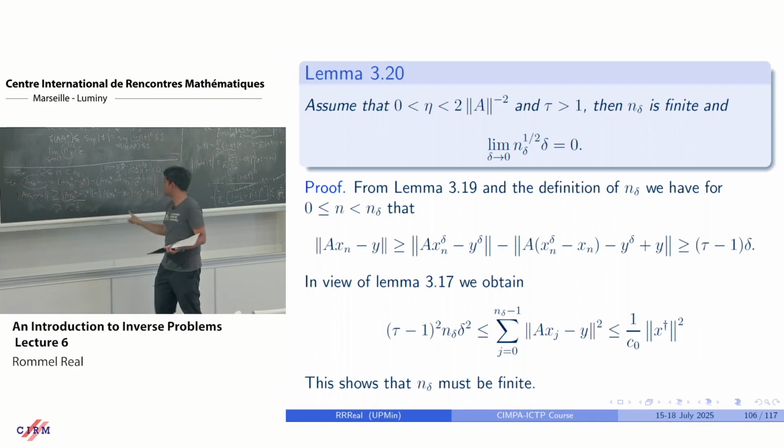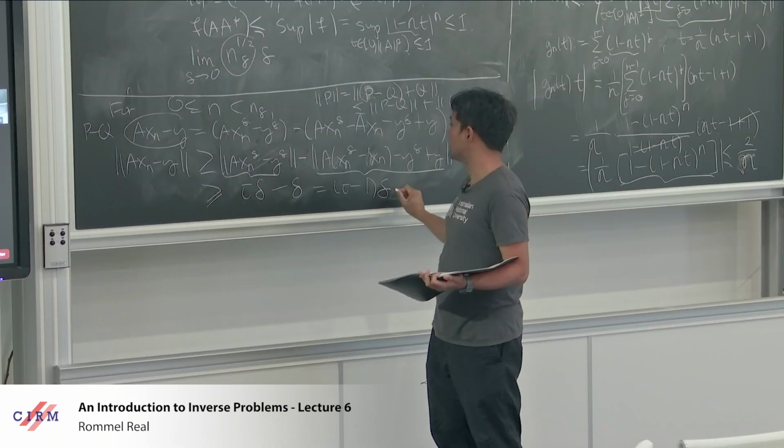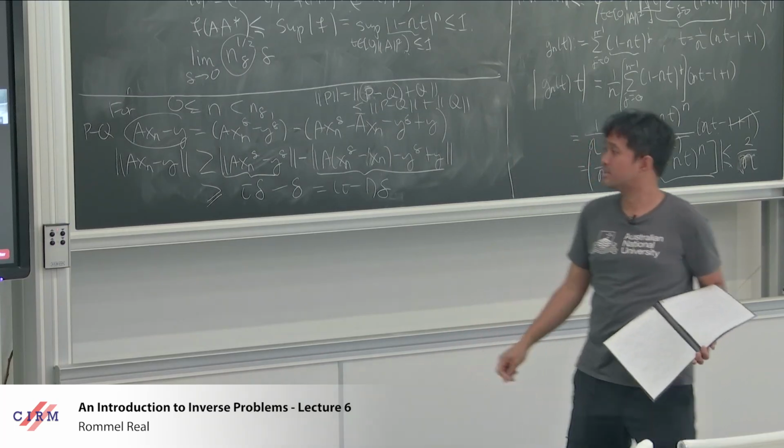That's fine over there because we have less than or equal here. And by the previous lemma, lemma 3.19, the one we just proved, this is less than or equal to a minus delta term. In particular, this is equal to tau minus 1 times delta.